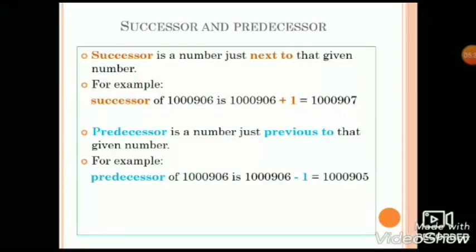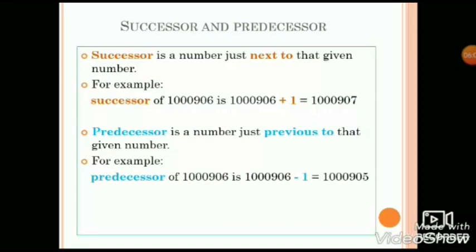Now the successor and predecessor. Successor and predecessor you have learnt already in your first exercise. Successor is nothing but the number just next to the given number. For example, the successor of 1,906 is 1,906 plus 1, which is 1,907.